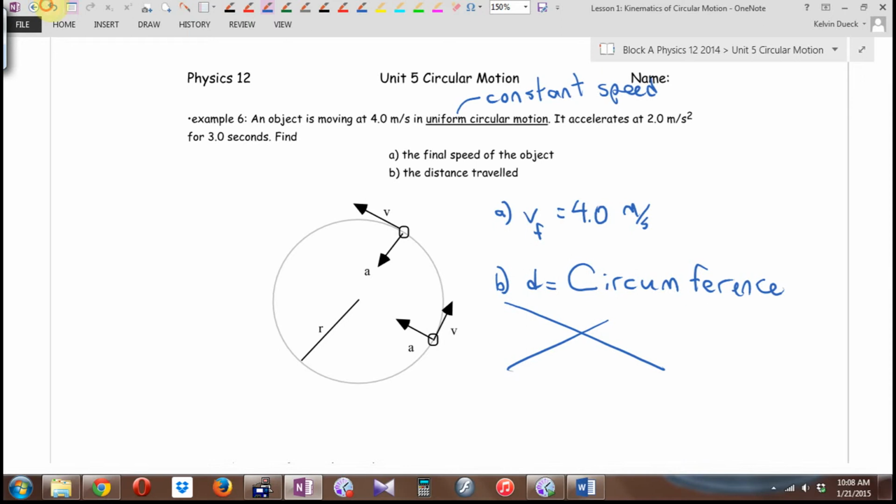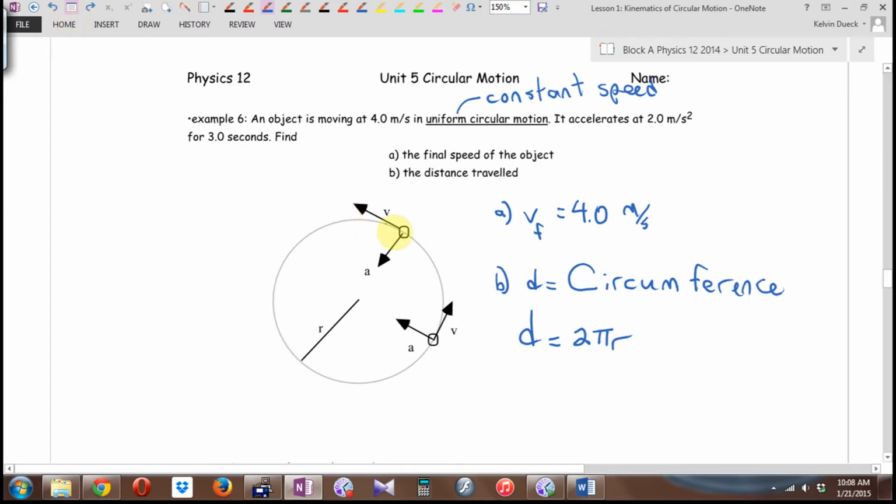Again, I can't use my standard kinematics approaches here. The distance traveled, I can use. The distance is going to be in this direction, in this direction, oh, bad drawing, in this direction. What's the distance going to be? The distance is going to be that.